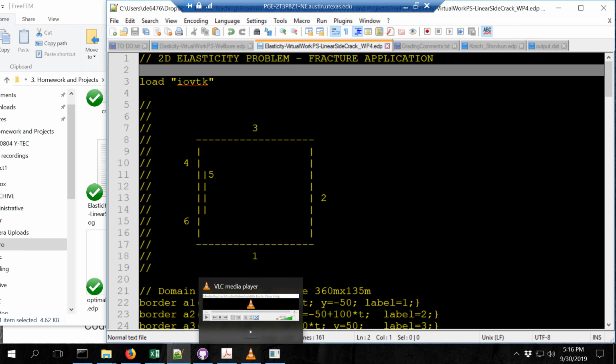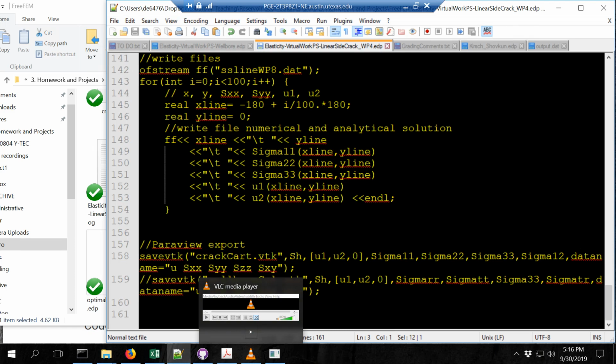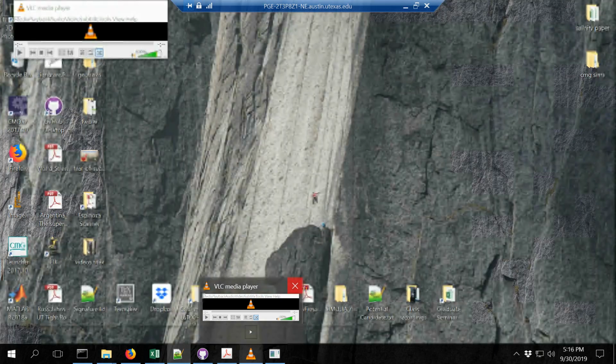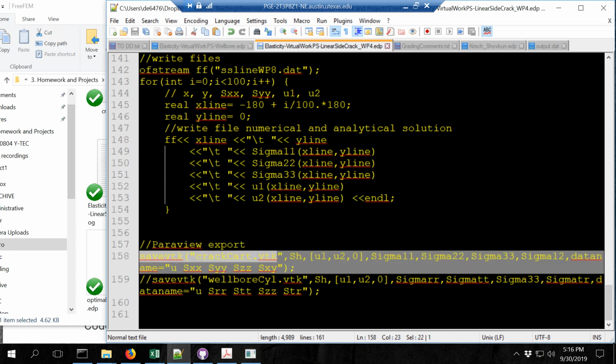What you have to do is just Google IO-VTK, and what you have to input in your software is this load IO-VTK, and then later you have to do save VTK, and you need to tell it what to save.